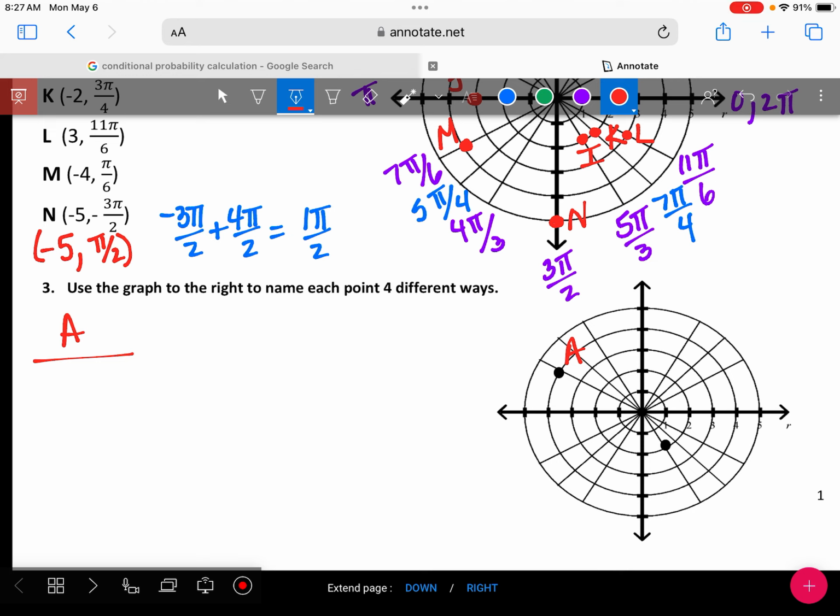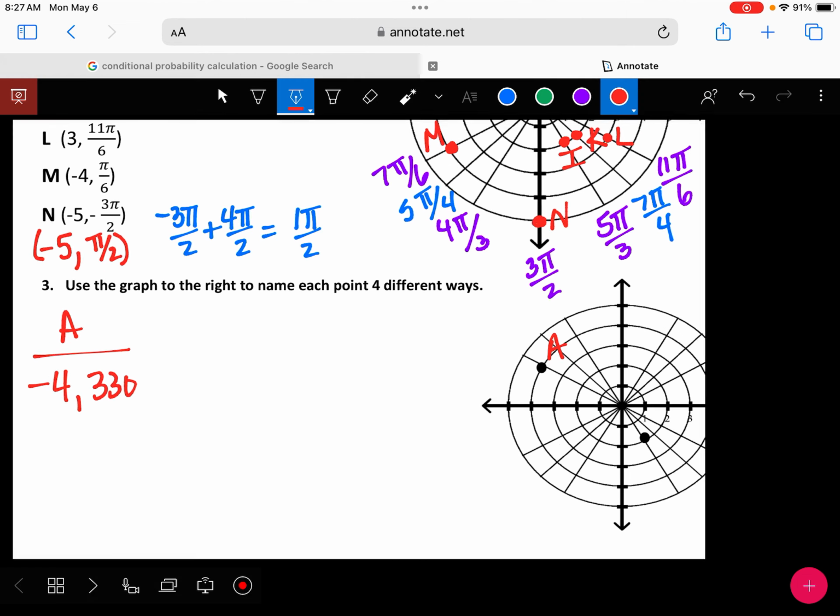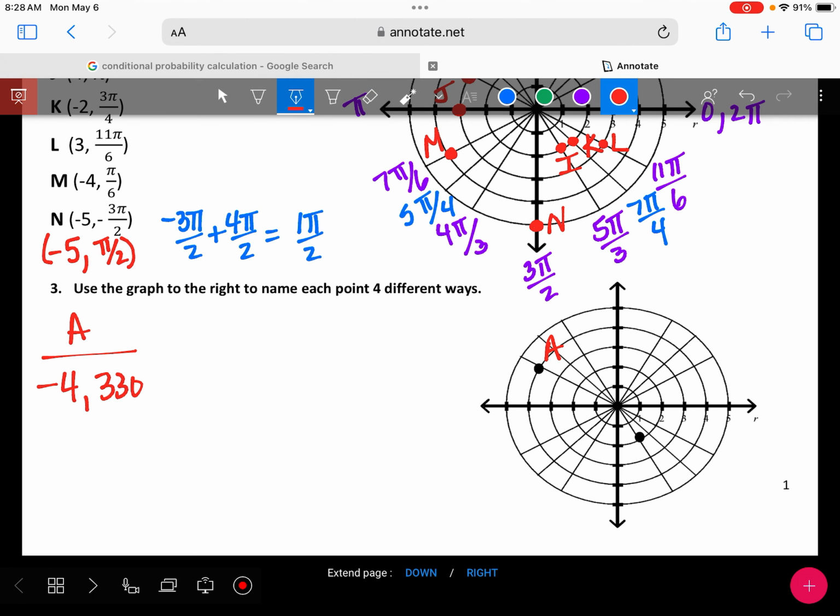Okay, so what's one way that you named that first point? So you did -4, 330. So let me look at that. We know that positive 330 would be here. And then you went negative 1, 2, 3, 4. So yeah, that's a valid way. That would count. And what did you say? 150.